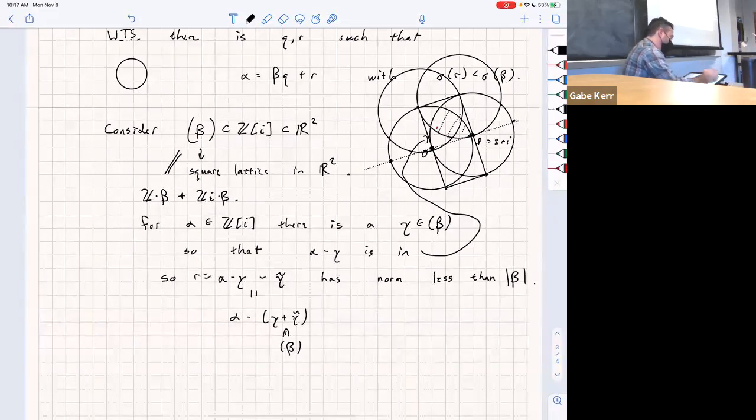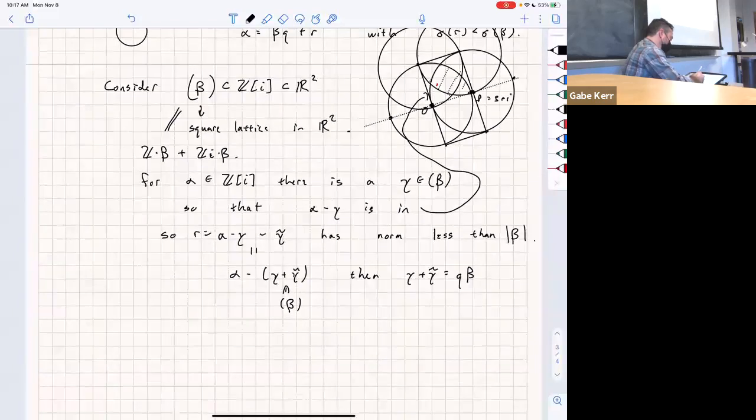Let's call this R. And then gamma, because it's in this lattice, gamma plus gamma tilde has to equal q times beta, some multiple of beta. And then you have this equation, alpha equals q times beta.